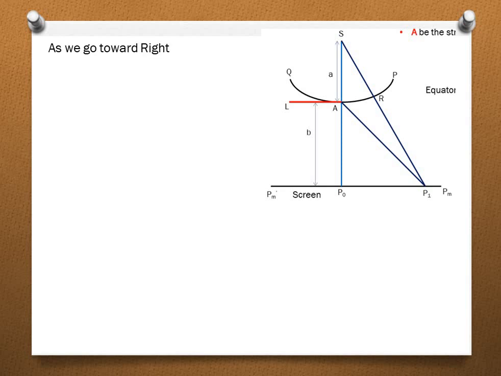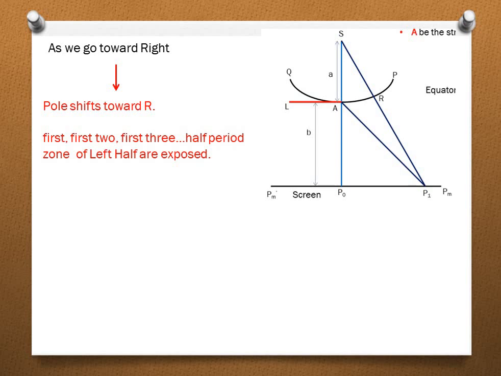Now think about the right hand side. Once we go right, the right half is already exposed, but as we move right, the pole will move towards R. So let's suppose we have a pole at R. We have the complete right side exposed and the left side partially exposed.